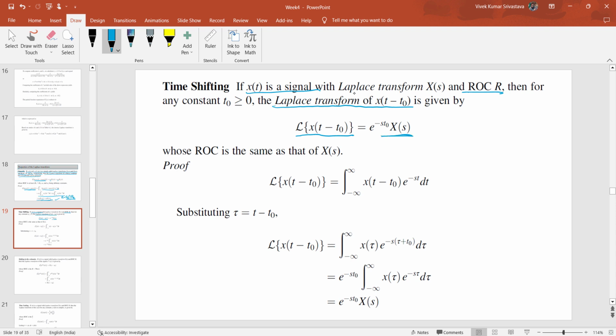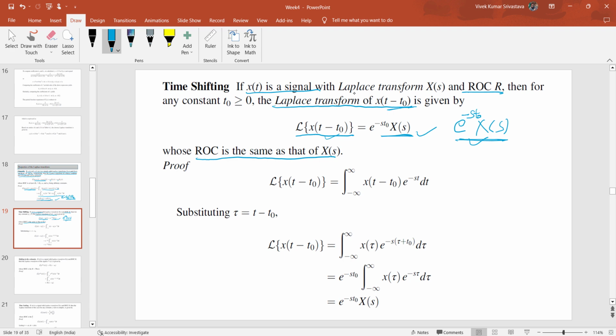It means that if you provide a delay in time, then in the Laplace domain you multiply X(s) with e raised to the power minus s t naught. This defines the Laplace transform of a shifted function. One more thing is that the region of convergence is the same as that of X(s).